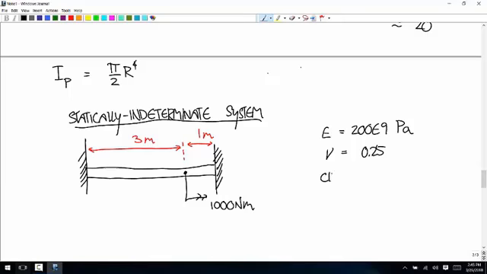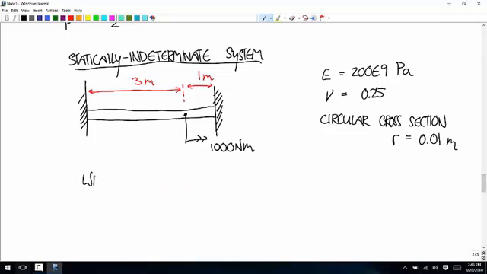And let's say that this has a circular cross section of 1 centimeter. What are the external loads?